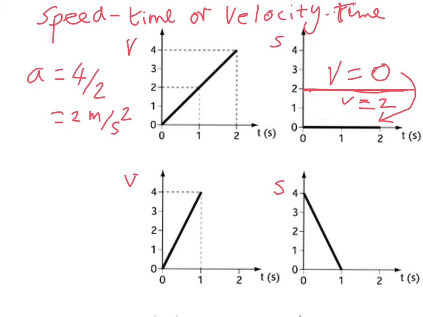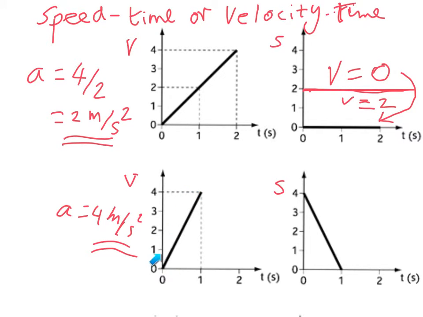Okay, so what about here? Now you can see 4 divided by 1, so the acceleration in this case is 4 meters per second squared. Okay, so you can see the steeper the gradient, the acceleration is bigger. So in this case, it's less steep than this.